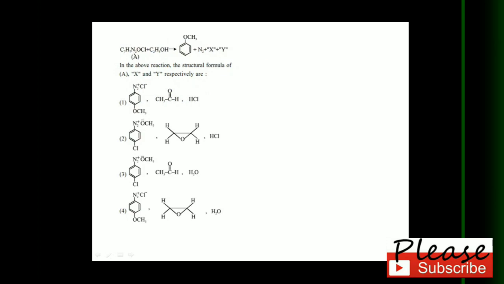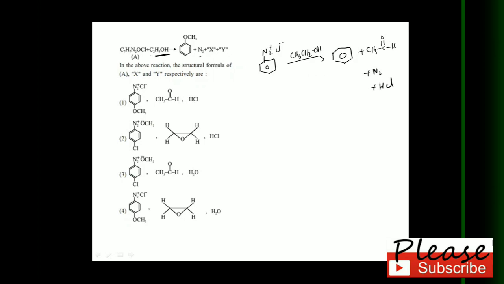This compound contains two nitrogens and Cl. On heating with ethyl alcohol, it is converted to anisole and N2. Generally we know the reaction of benzene diazonium chloride, N2 plus and Cl minus, on heating with ethyl alcohol giving benzene, and the ethyl alcohol is oxidized to the aldehyde, plus N2 plus HCl.